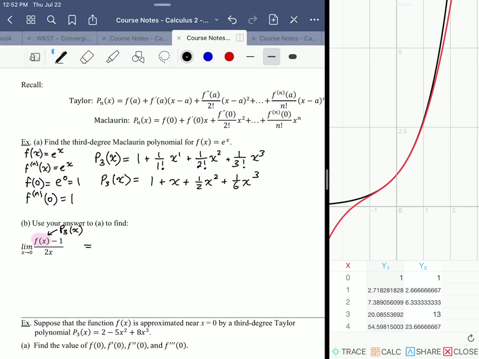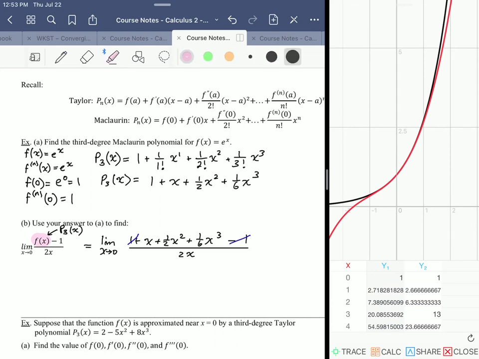So this tells me, or it gives me license to replace the f of x with the 1 plus x plus 1/2 x squared plus 1/6 x cubed minus the 1 that was already there over 2x. The 1s would cancel.